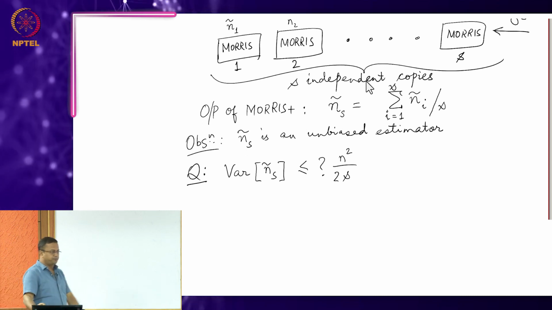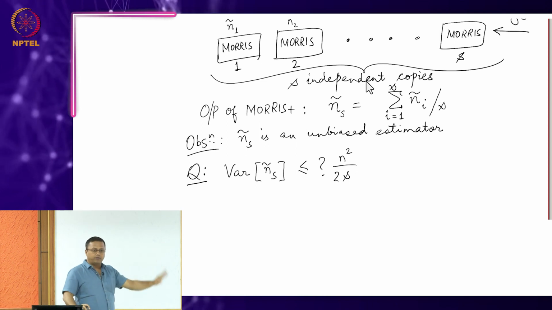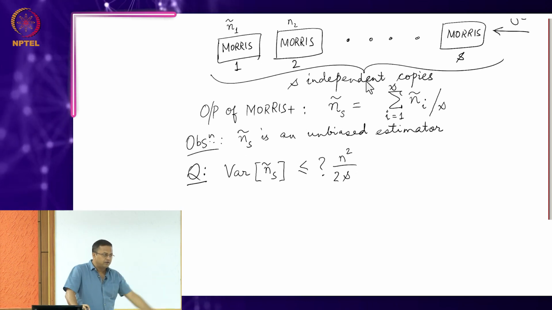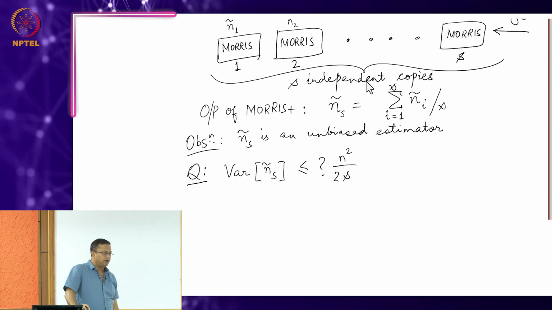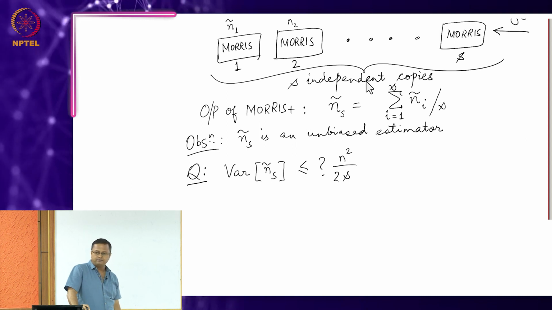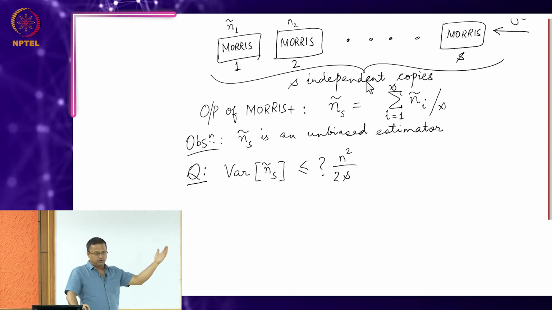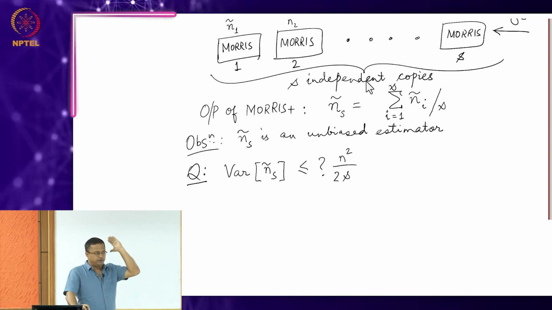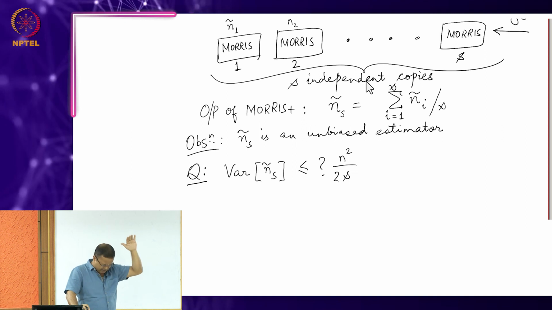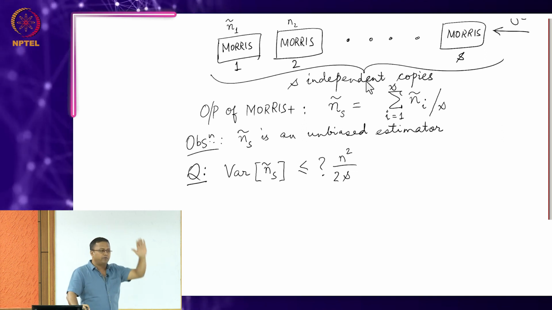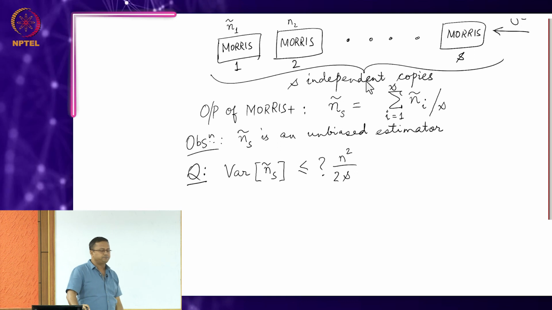We proved in the last lecture it was upper bounded by n square by 2. Now you have an S dividing it, right? That's what we saw, that if there are n IID random variables, the variance of their average came down by a factor of n.